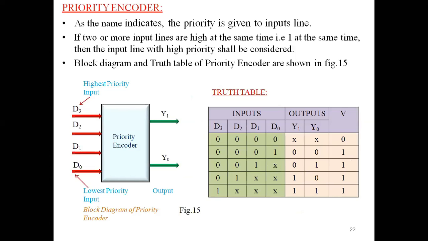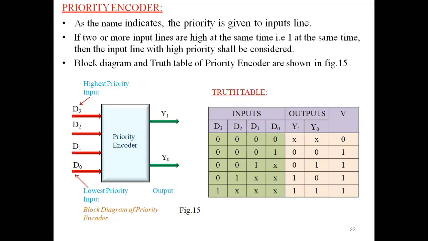Is there any doubt in priority encoder? Anyone respond? This is the 4-bit priority encoder. You have to pass the 4 inputs and it will give 2 outputs.